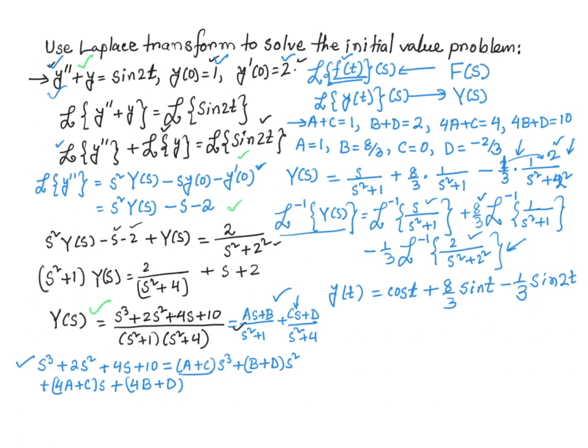Then you use the partial fraction concept to break it down into pieces, like this. Once you do this, you find the constants a, b, c, and d, and then you put those back into the equation.